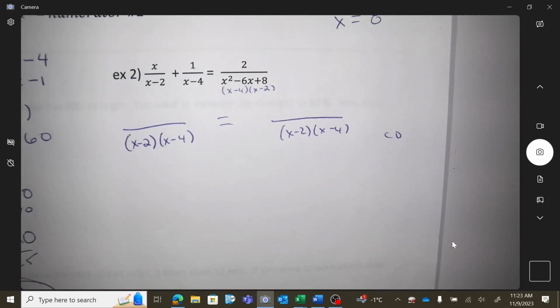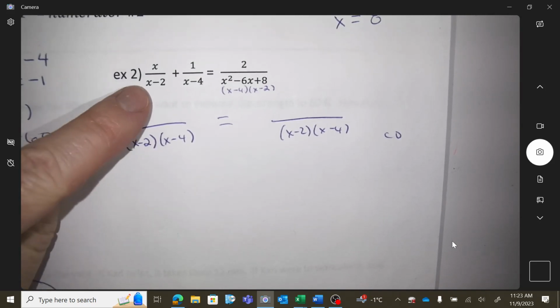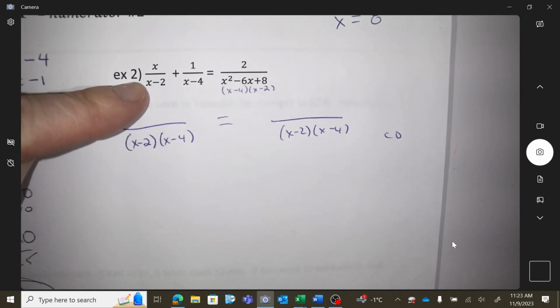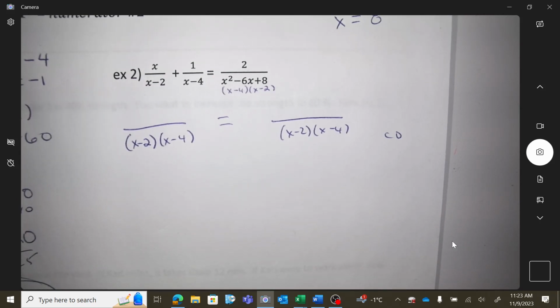Okay, so we're going to set those bottoms the same on both sides. Okay, very similar to what we did before. First fraction, look at the bottom, look at the new bottom. Did you do anything to it?